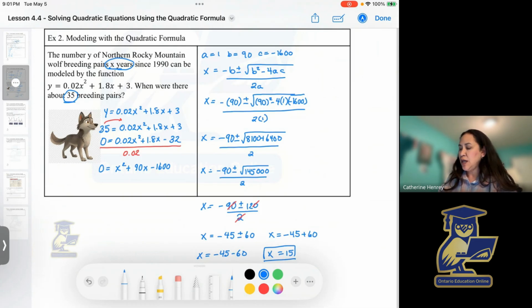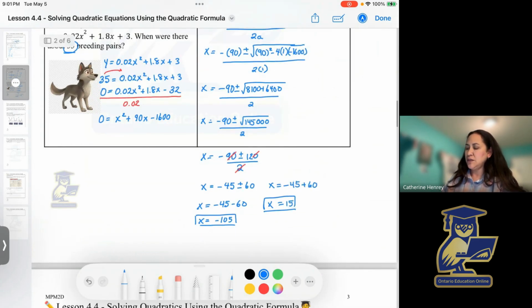So the only answer here that makes sense is 15 years, because we can't have negative 105 years. So 15 years from 1990, there were 35 breeding pairs. So what year is that? Basically, we go back to 1990 and we add the 15 years. And so there were 35 breeding pairs in 2005.